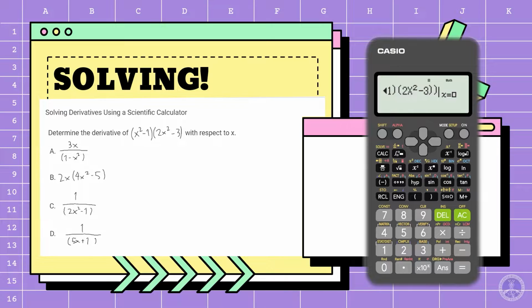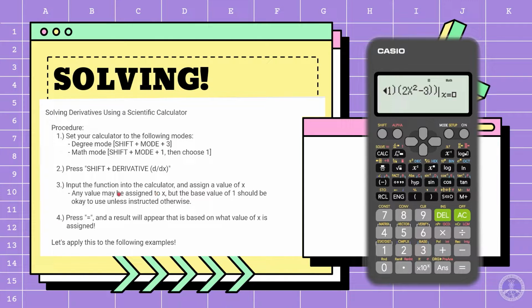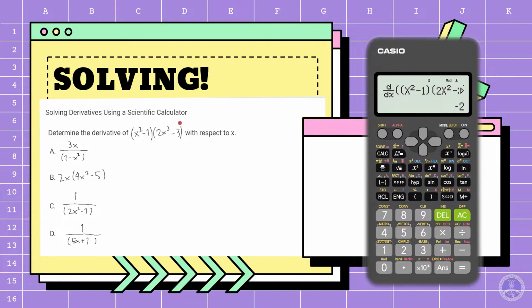So let's return to the instructions. I mentioned that any value may be assigned to x, but the base value of 1 should be okay to use. So let's use 1 here and press the equal sign. There. So returning back to the problem, if the value of x is 1, the answer should be negative 2 in this case. So let's write that down.